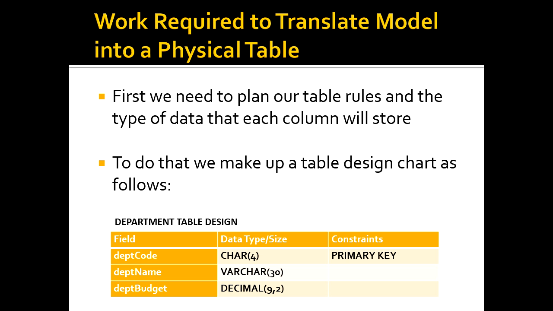Decimal, how decimal works is the digit before the comma is the total number of digits the number can hold, and then you say comma, and how many will be after the decimal place. So a 9, 2 would give you 7 digits in front, then your period or decimal place, and 2 afterwards. And that probably will handle all the budgets for this company.